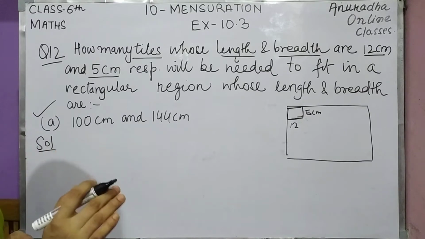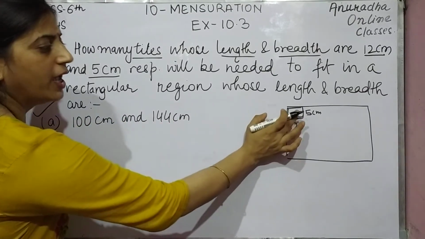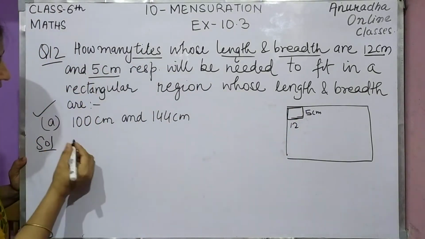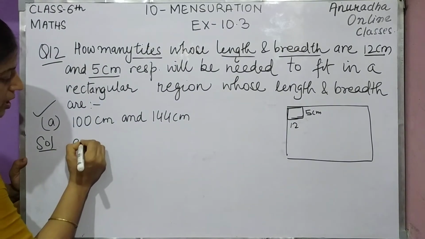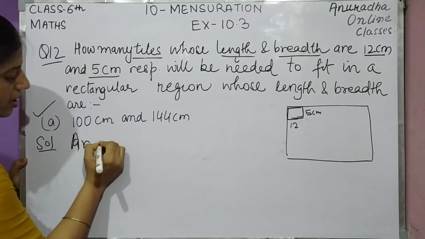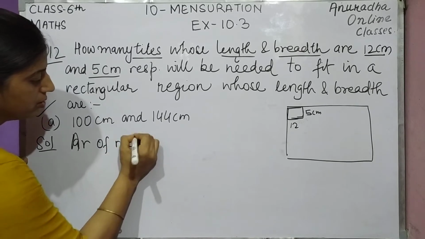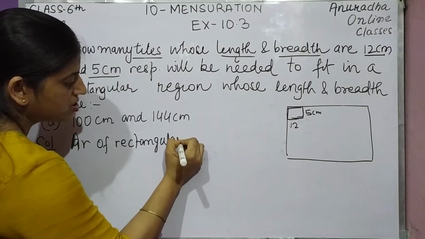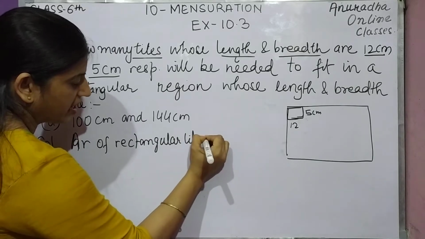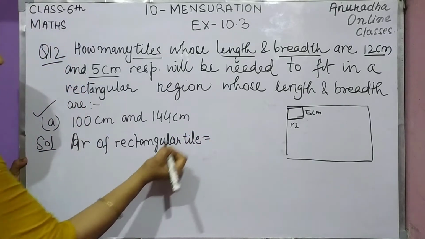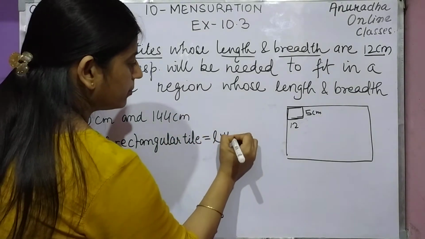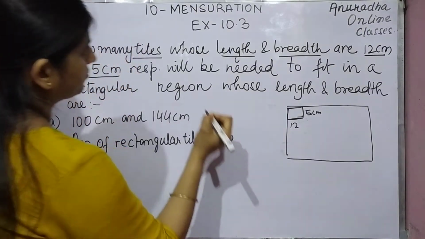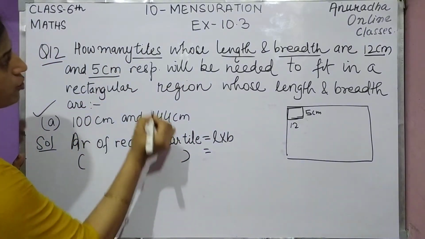Firstly, what you have to find out? You have to find out the area of tile. एक tile का area क्या है? So area of rectangular tile is equal to L into B. What is your L and what is your B?